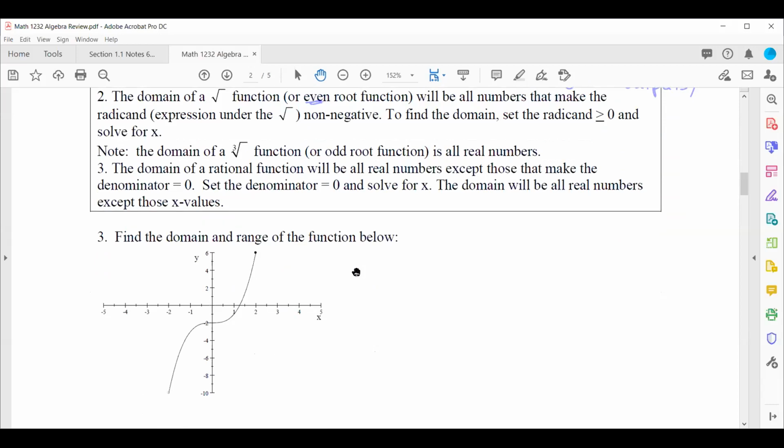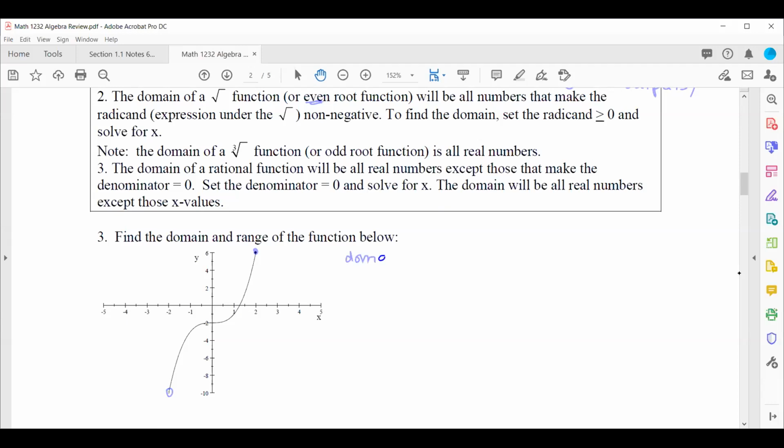When you're given the graph of a function, and I'm pretty sure that's an open circle down there at the bottom left hand of the graph, you're basically reading the domain and range from the picture of the graph.